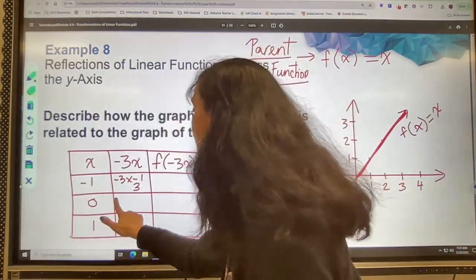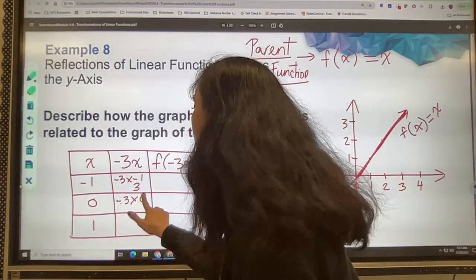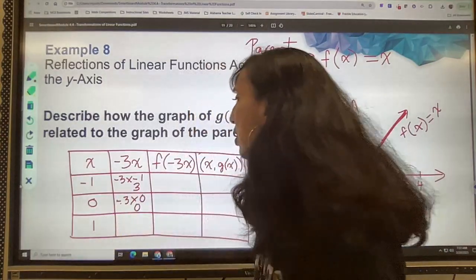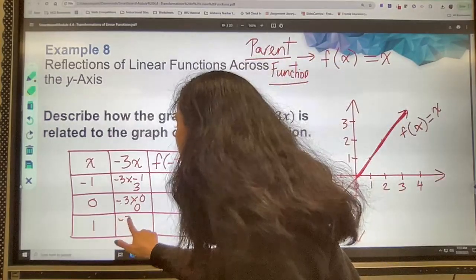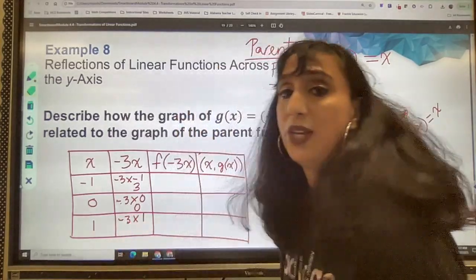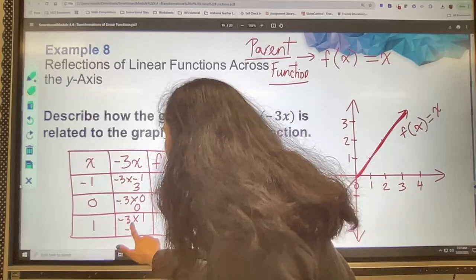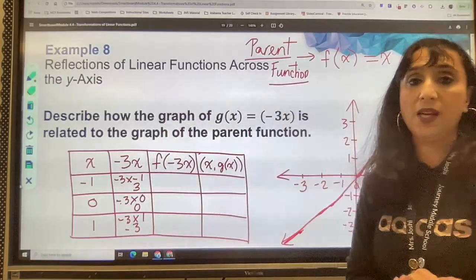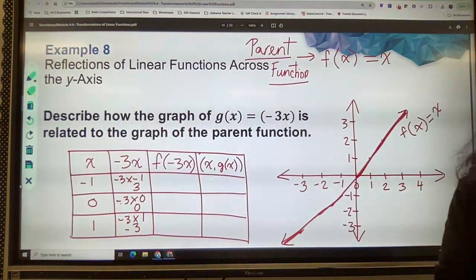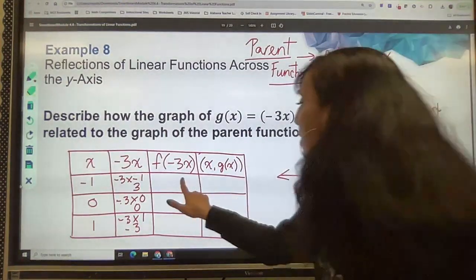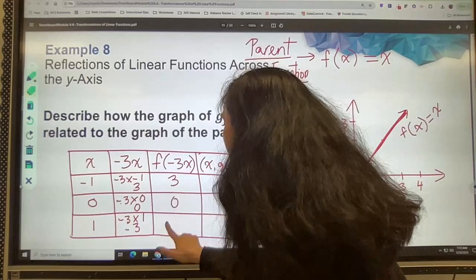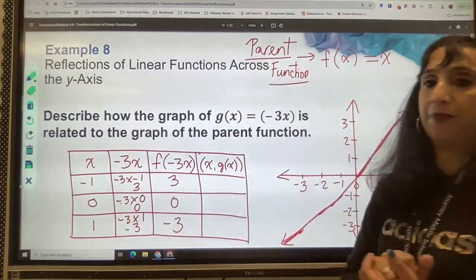And then I have negative 3 times 0. Anything times 0 is 0. Negative 3 times 1, which is what? Negative times a positive is going to give me negative, so it is negative 3. So f of negative 3x is 3, 0, negative 3.